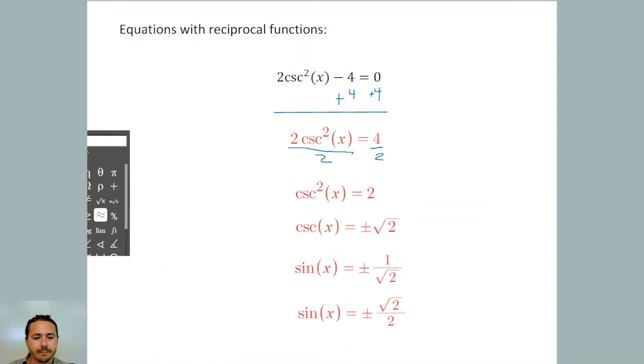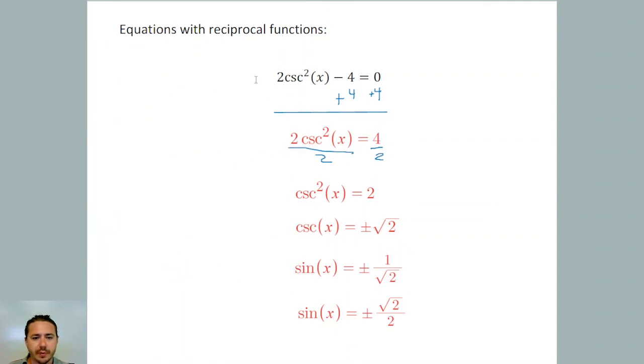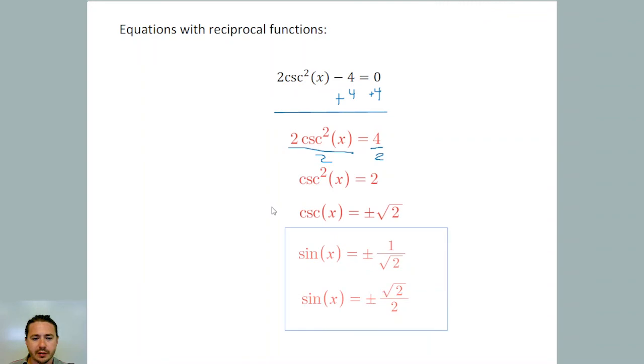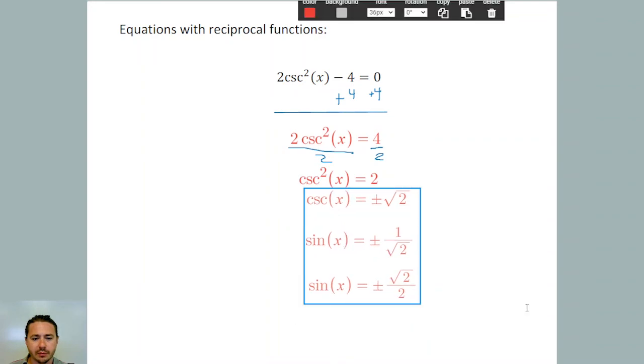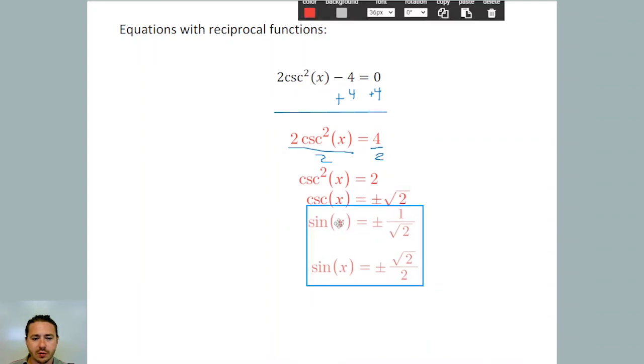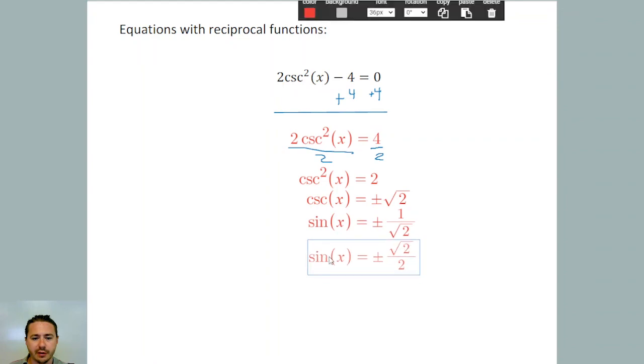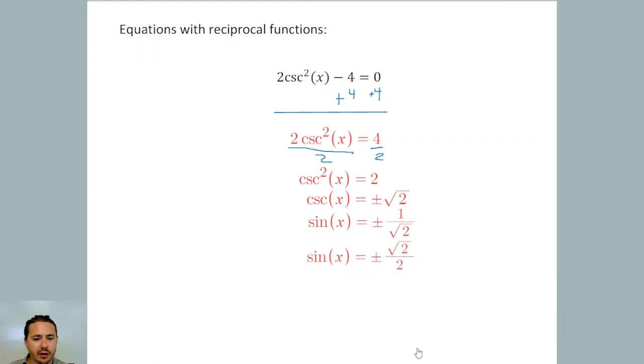I'm going to squeeze this up just a little bit so we'll have more room to write our solutions. Okay, let's write our solutions here.